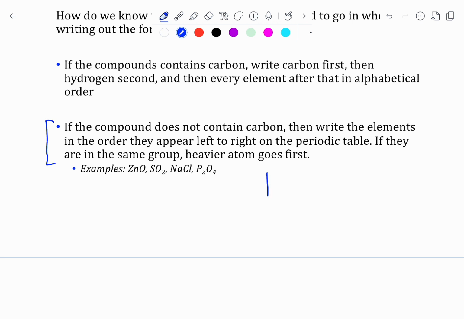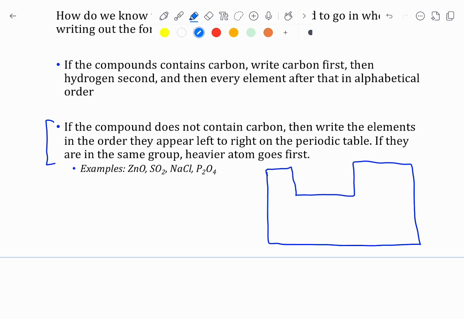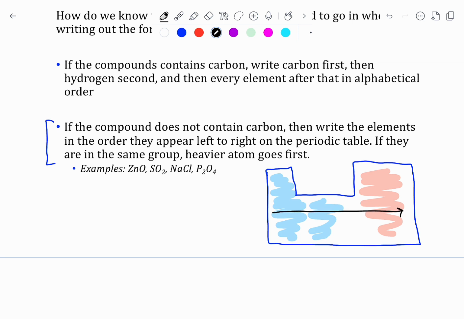So if we draw our periodic table here, we typically have our cations on this side and our anions over here. We get a few cations this way here. So we write the elements in the order they appear from left to right, so from one side to the other. So we go from cation to anion. And if they're in the same group, the heavier atom goes first.